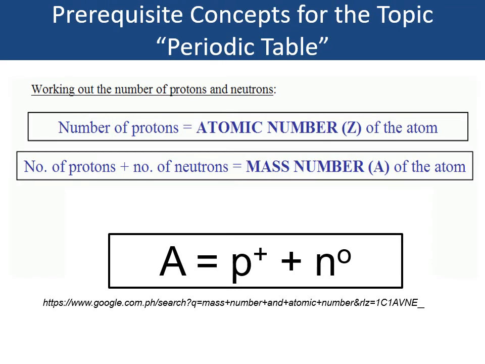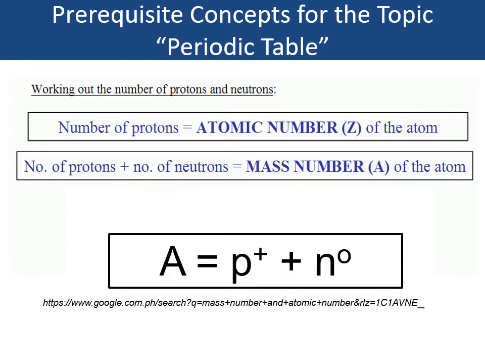Next one here. The number of protons is equal to the atomic number of an atom. And the number of protons plus the number of neutrons is equal to the mass number of an atom.